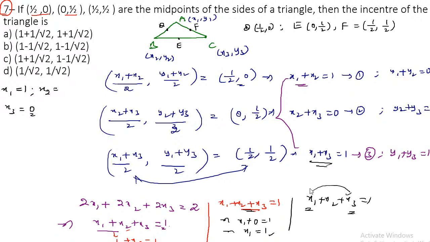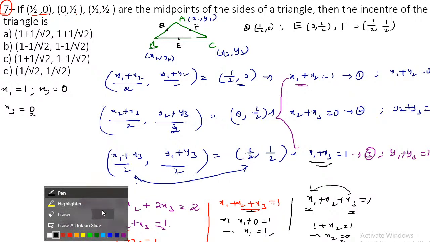So 1 plus x2 is equal to 1, which implies x2 is 0. So we found the x coordinates of all the 3 vertices.